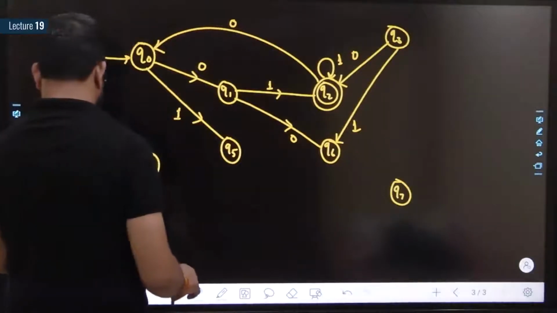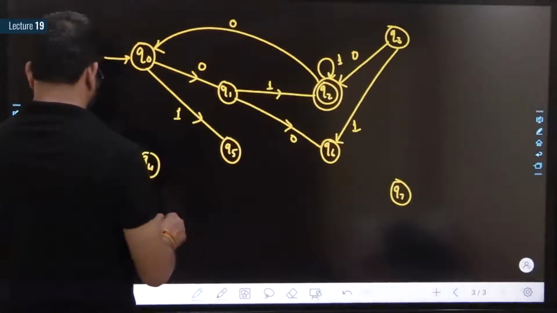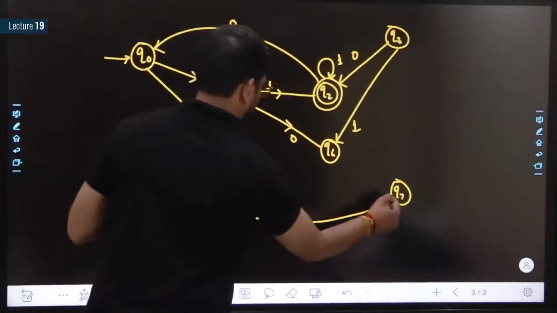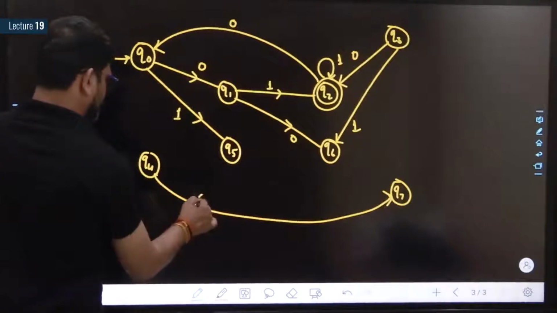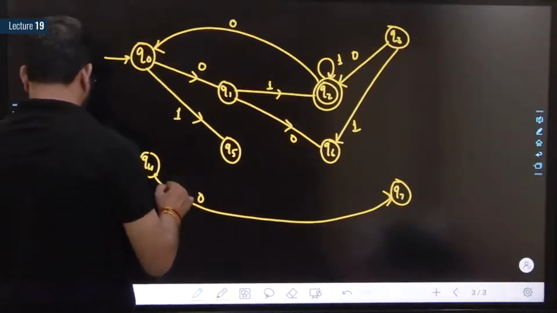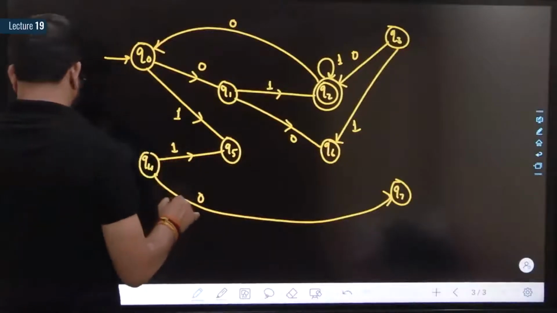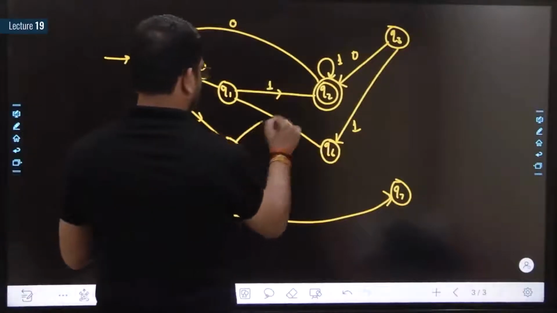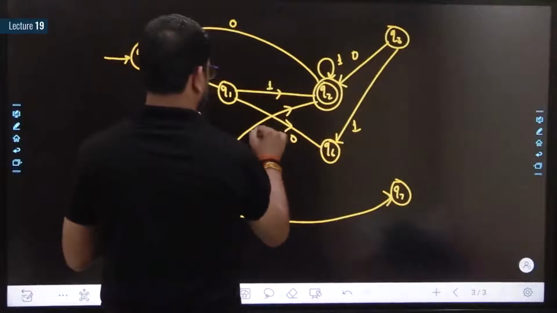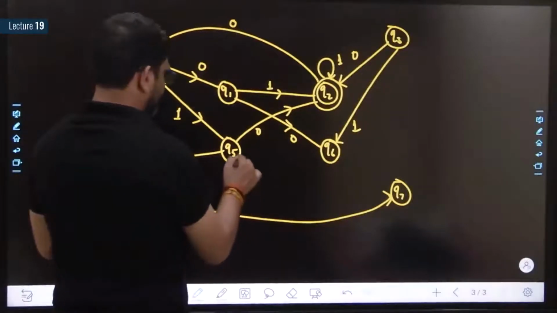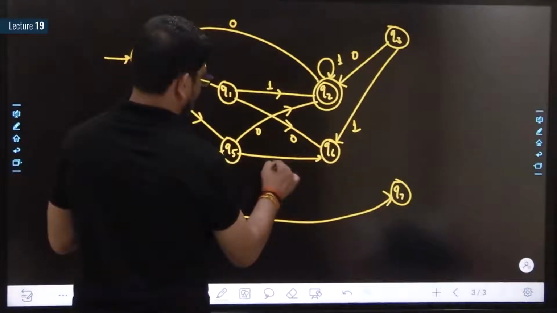Q4 on 0, Q7. Q4 on 1, Q5. Q5 on 0, Q2. Q5 on 1, Q6.